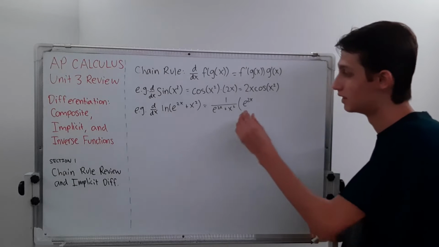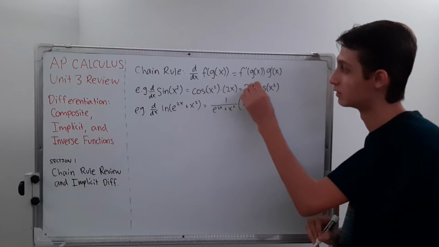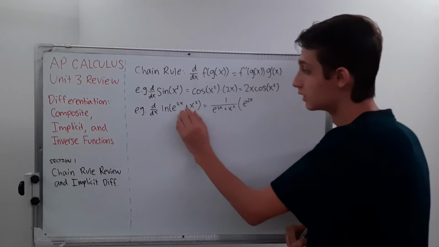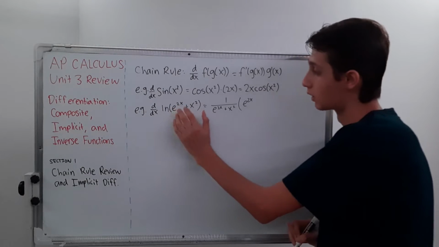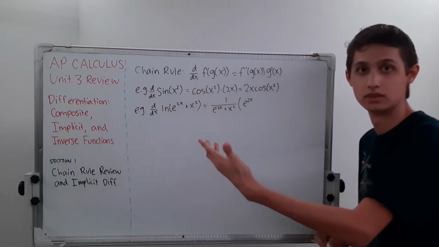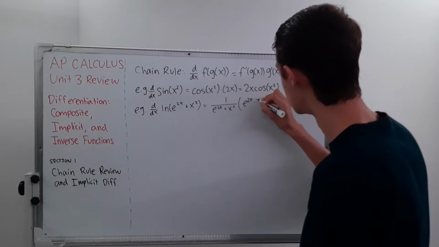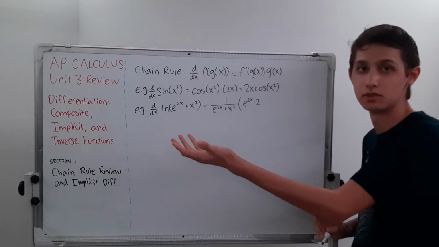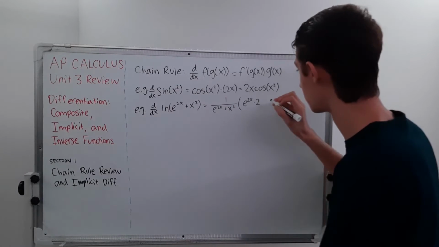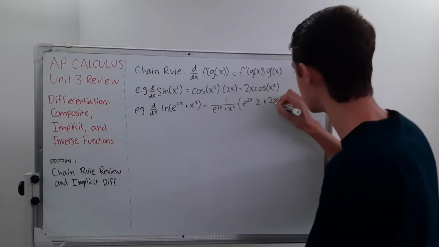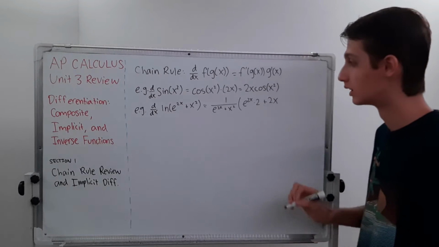But now, we have to take the derivative of the inner function, which is 2x. The derivative of 2x is just 2, so times 2. And then plus the derivative of x squared, which is just 2x.